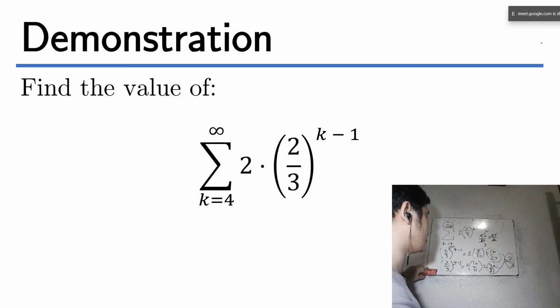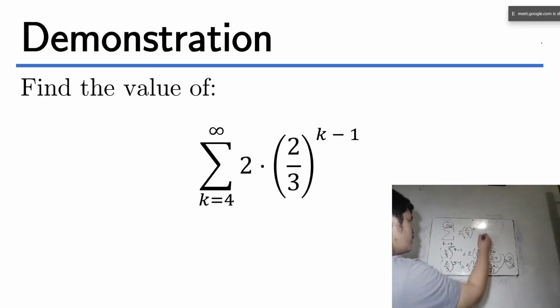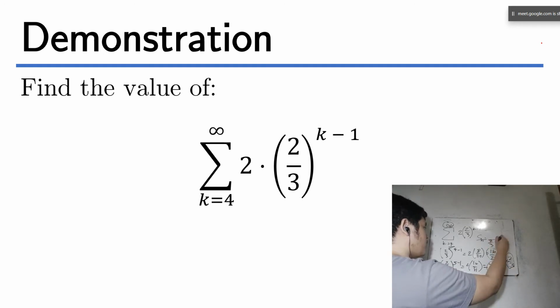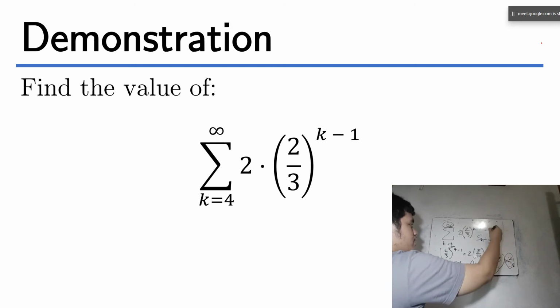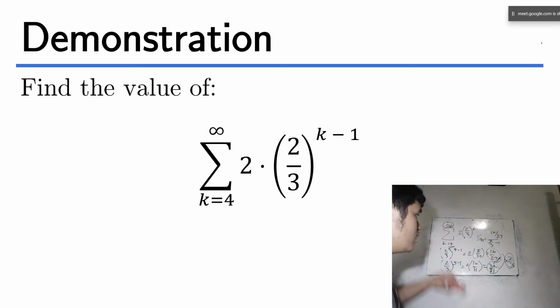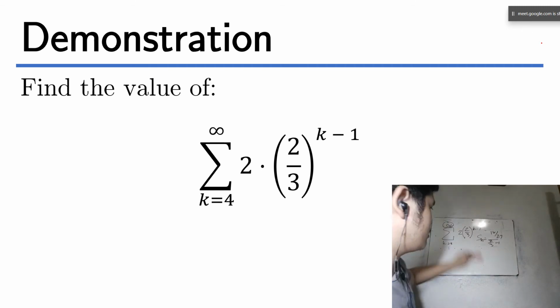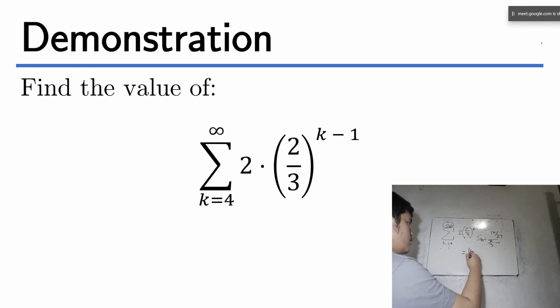So, sum of terms equals a sub 1 over r minus 1, 2/3 minus 1. Ito yun, di ba? 16 over 27. Now, if we solve it... kaya lang guys, ba't ganon? Wait lang.